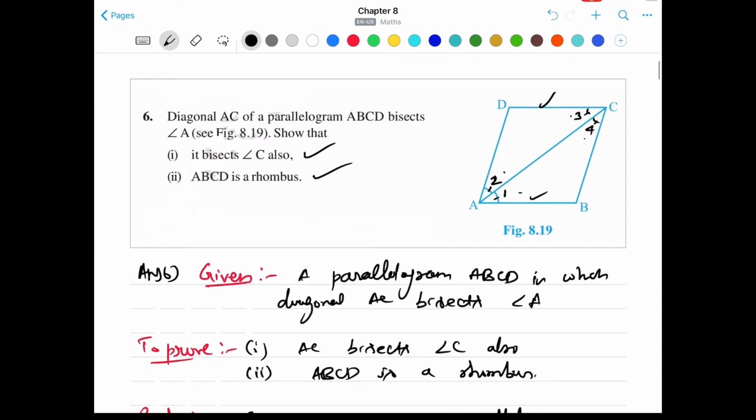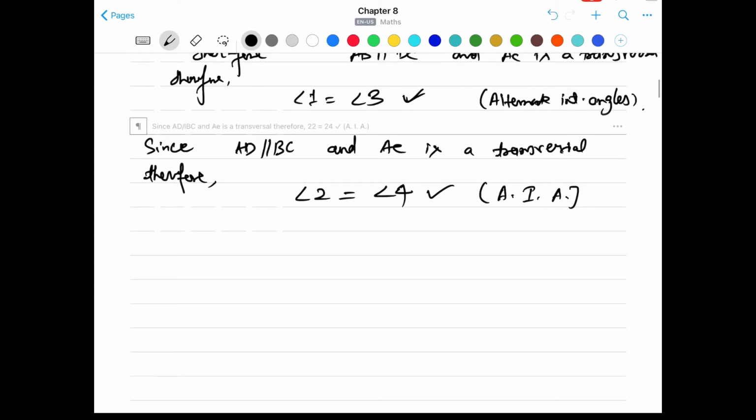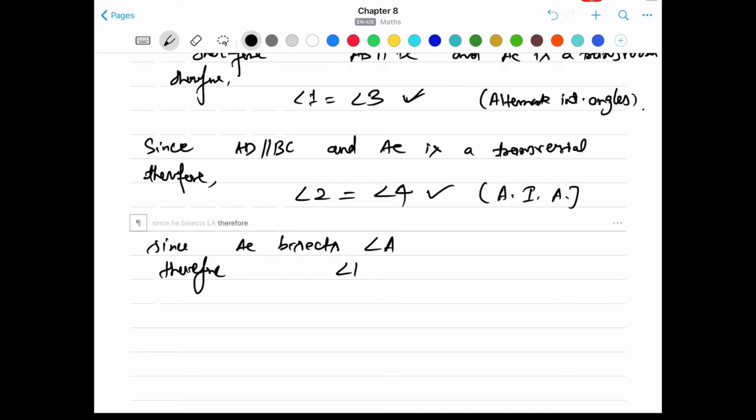The question is given that diagonal AC is bisecting angle A, that means angles 1 and 2 have to be equal. So since AC bisects angle A, therefore angle 1 will be equal to, not 3, it will be equal to angle 2.